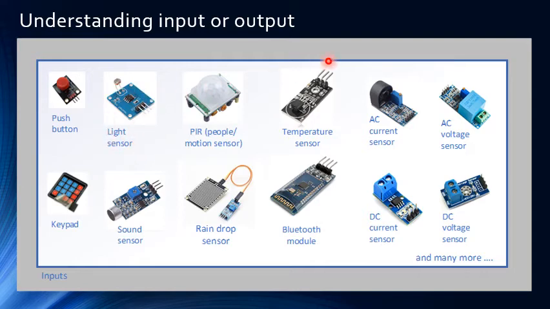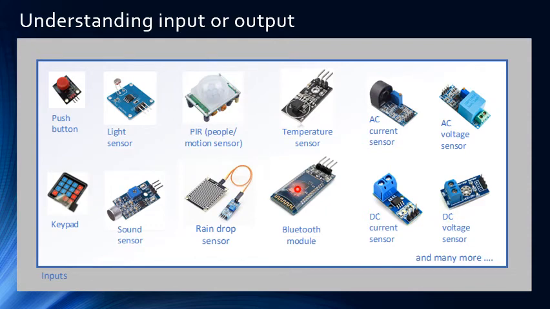If you want the microcontroller to be able to hear something, then you need to put in a sound sensor. If you want the microcontroller to be able to detect the presence of people, then you need the PIR, etc., etc. There are many things here. It depends on your application.